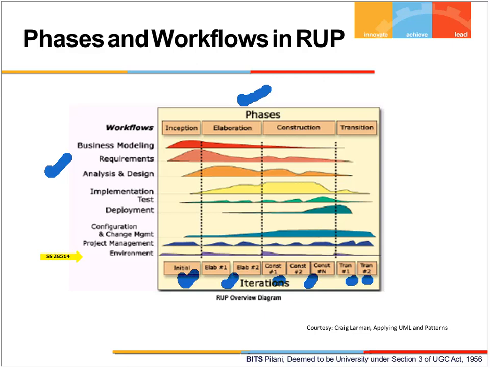You put a deadline. Suppose my first iteration is 4 weeks. In the first 4 weeks, I will implement this particular set of requirements, and then in the next iteration, you will take up the next set of requirements. In this way, at the end of every iteration, you have a small partial executable system.